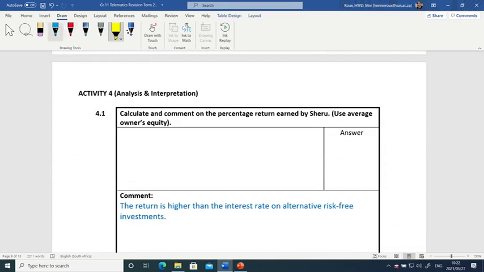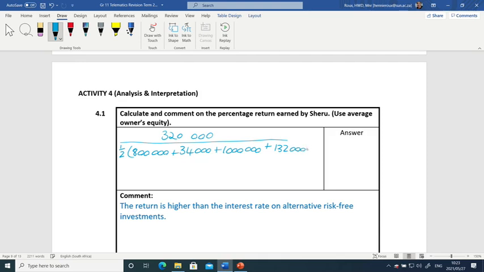So let's write that down. 320,000 was his earnings or his return on his investment. Divide by 0.5 times opening balance of capital, opening balance of current account, closing balance of capital account, closing balance of current account.